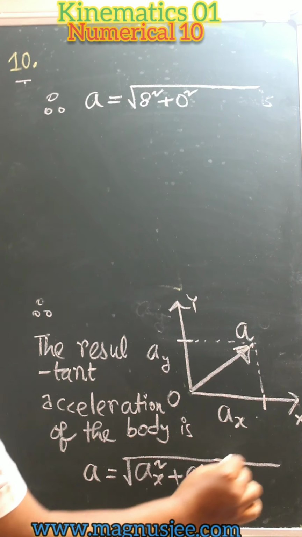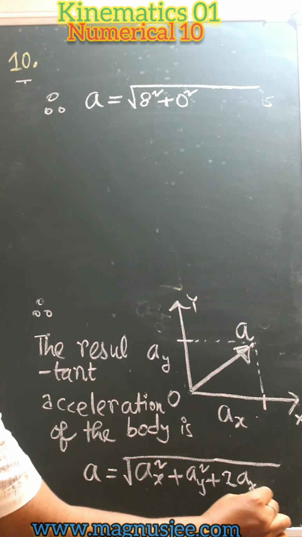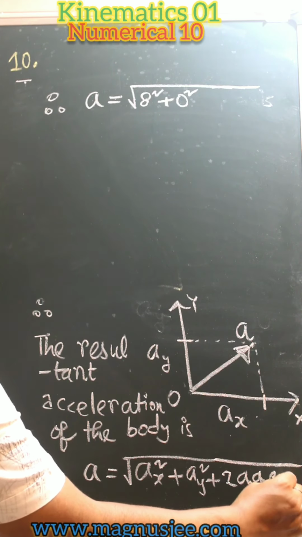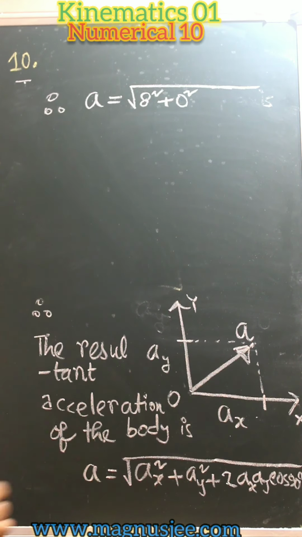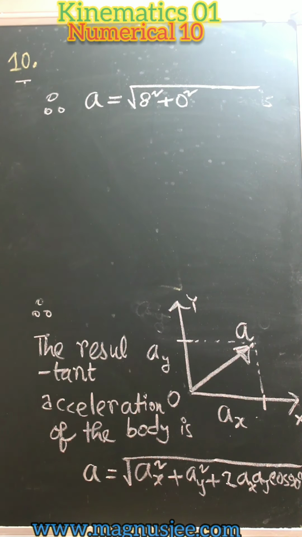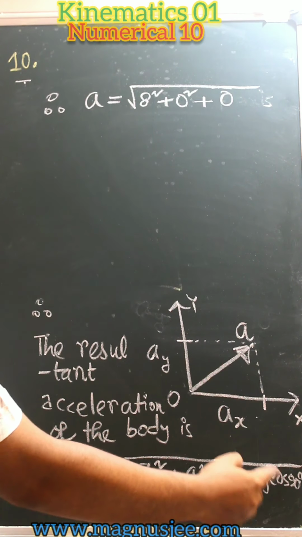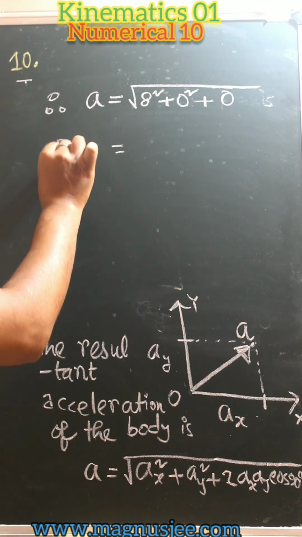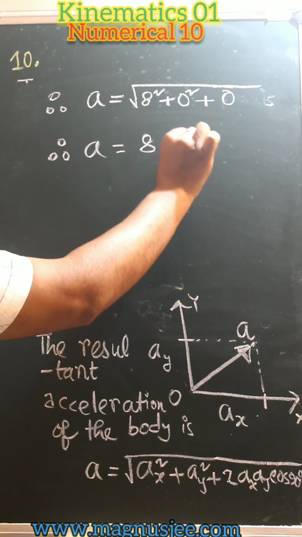Here we can also write root over ax square plus ay square plus 2 ax ay cos 90 degree, because ax is perpendicular to ay, so the angle between them is 90 degree. That's why the third term is 0 due to cos 90 degree. So we get the value of resultant acceleration as 8 meter per second square.